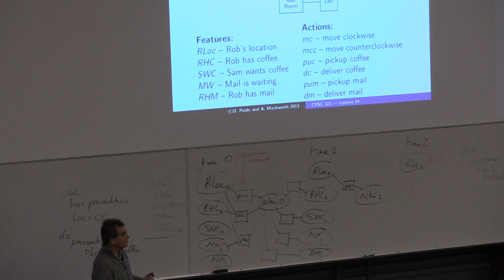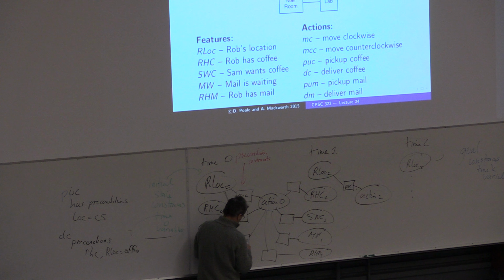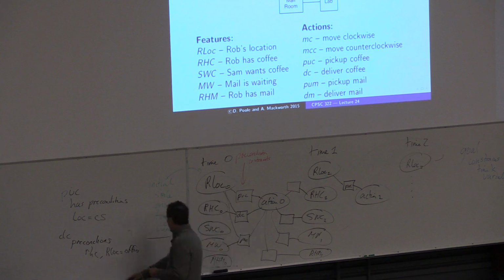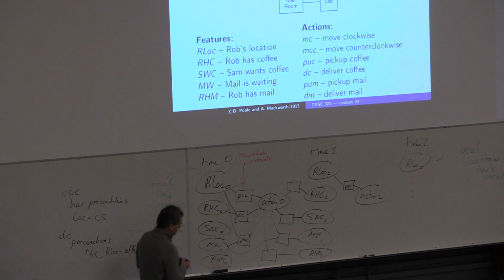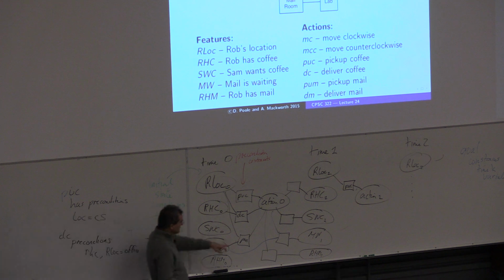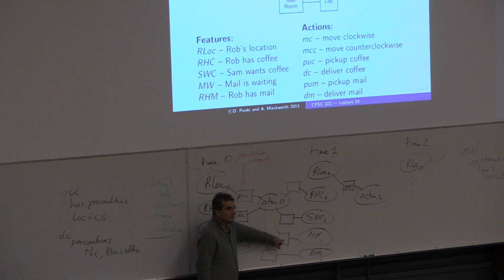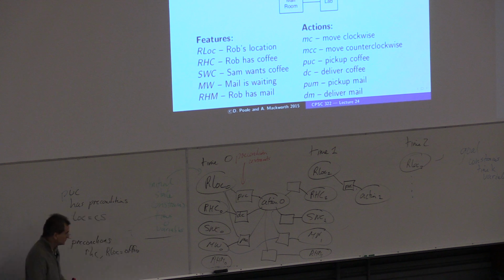Among each variable at time t, the action variable, and the previous ones, those that don't change. So mail waiting also has to rely on this one. So this one here, let's put another colour. Mail waiting depends not only on the action, but on whether mail was waiting beforehand. Because this constraint says that mail waiting is true if it was true beforehand and the action wasn't to pick up mail. So there's this other constraint here.